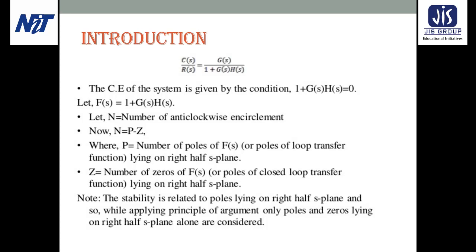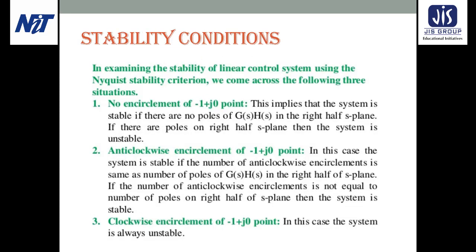And then according to the principle of argument which we have discussed in the previous video lecture, the number of encirclements of the origin made by the contour N is equal to Z minus P. Now, there will be three possible cases. First is N is equal to 0.